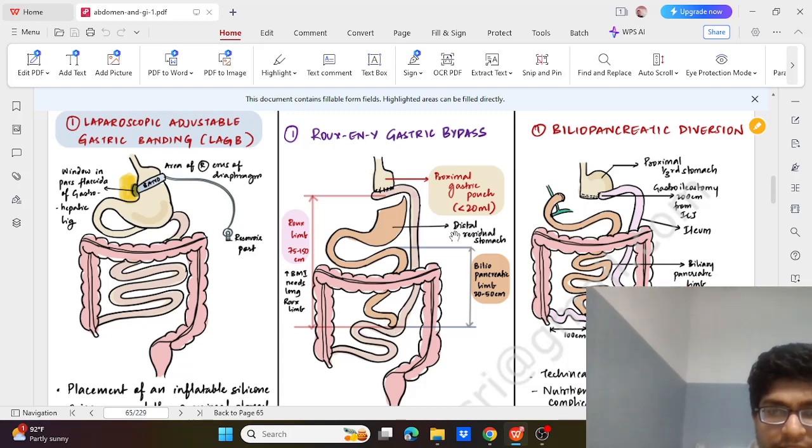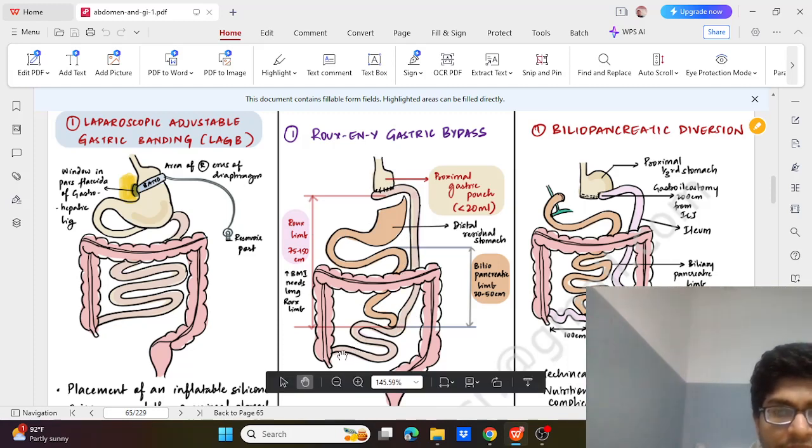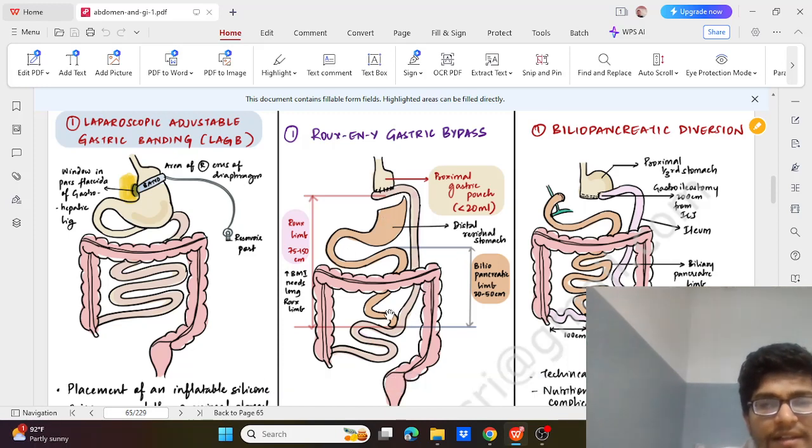The Roux limb has the distal jejunum and ileum, and the Y limb will have the stomach, duodenum and the proximal jejunum.